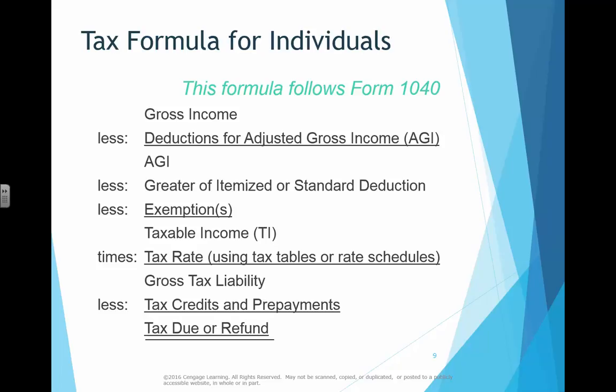Okay, so if you look at your tax return and you look at this tax formula, I would like you on the tax return to tell me which lines you think equate to gross income. Where are you going to find that on your tax return?